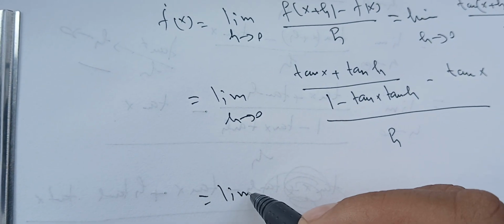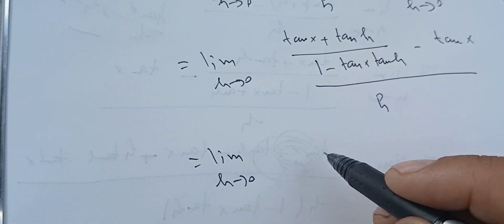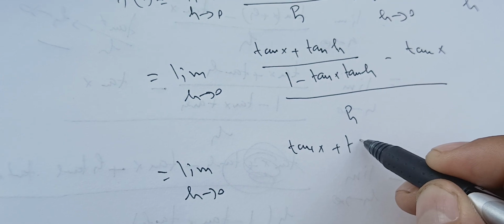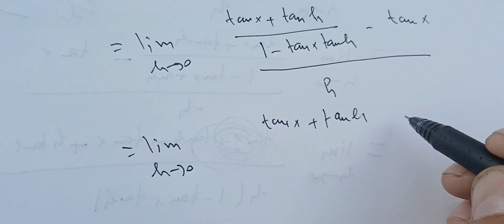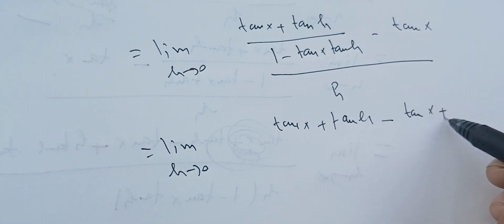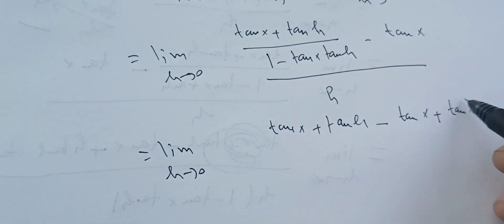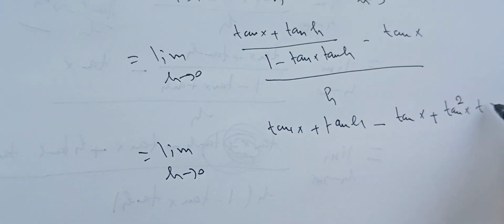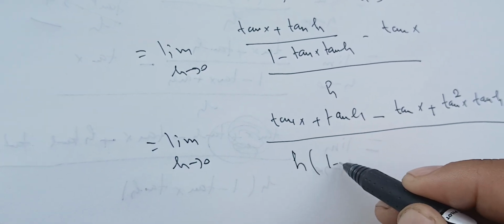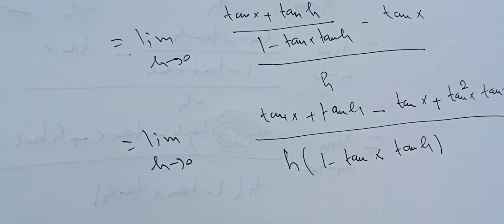Okay, we're going to do our simplification. So we cross multiply, and we get tangent x plus tangent h, minus tangent x plus tangent x times tangent x, which is tangent squared of x, tangent h, over h times 1 minus tangent x tangent h.